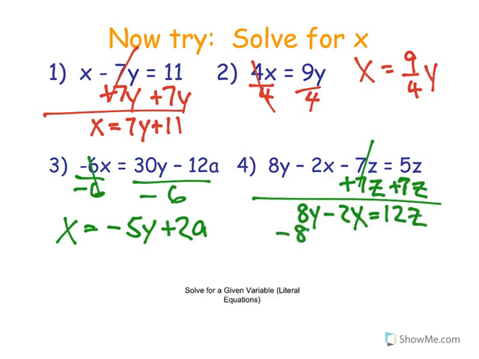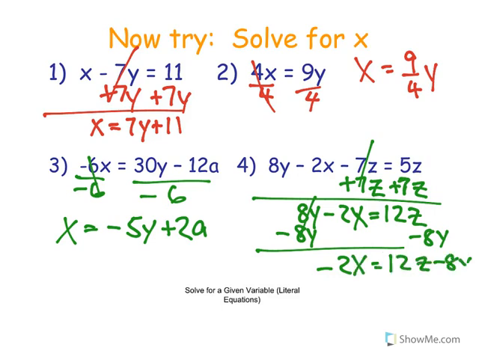And I need to add -8y on both sides. So I need to make sure I bring down -2x is equal to 12z minus 8y. And I'm going to divide both sides now by negative 2. We actually have to do the division because it is evenly divisible. So 12z divided by negative 2 should give me negative 6z. And negative 8y divided by negative 2 should give me positive 4y.